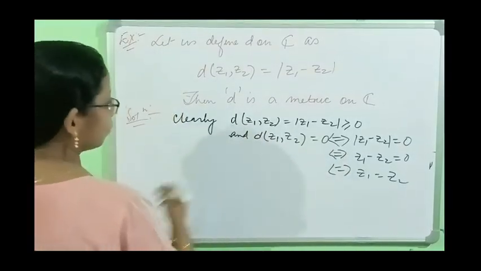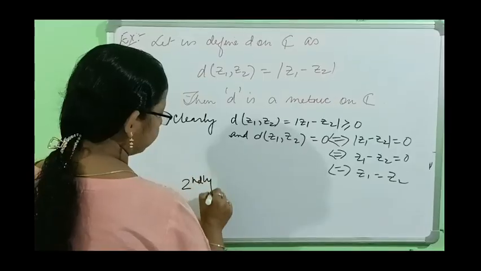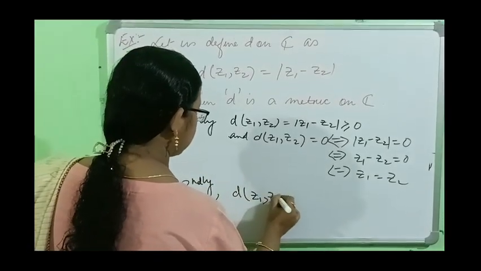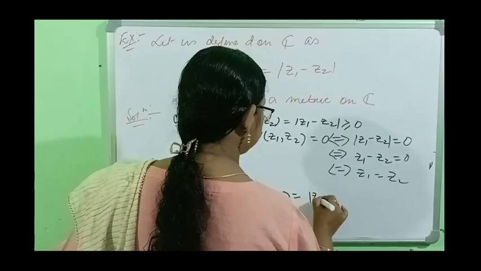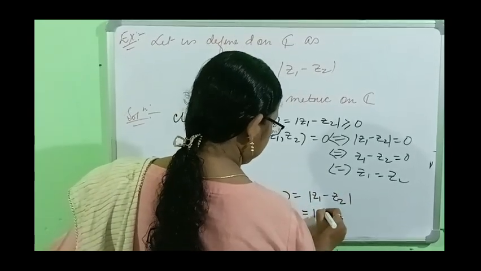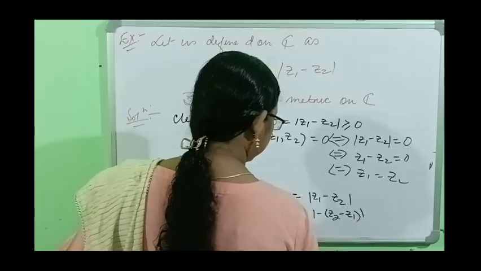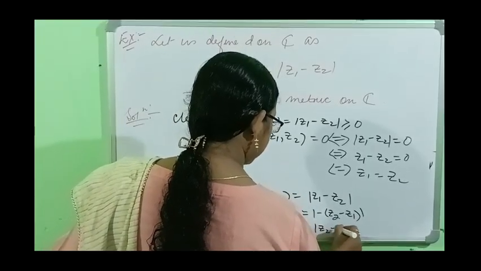And next we are going to check the symmetry. So secondly, D of Z1, Z2 is equal to modulus of Z1 minus Z2. If I take minus common here, this can be written as modulus of Z2 minus Z1.